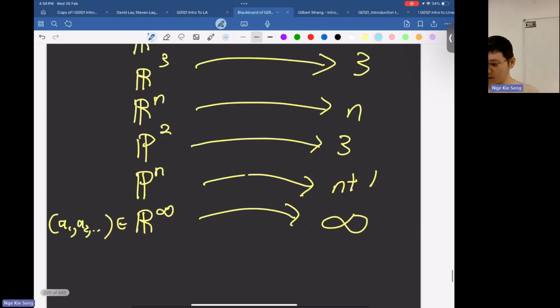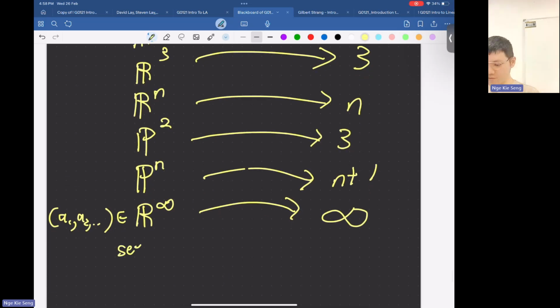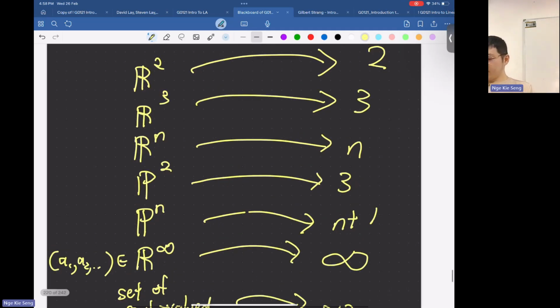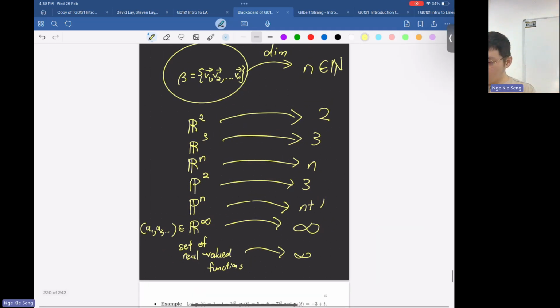Another example we learned, the set of real-valued functions, is also infinite. So in one world, we have this basis.